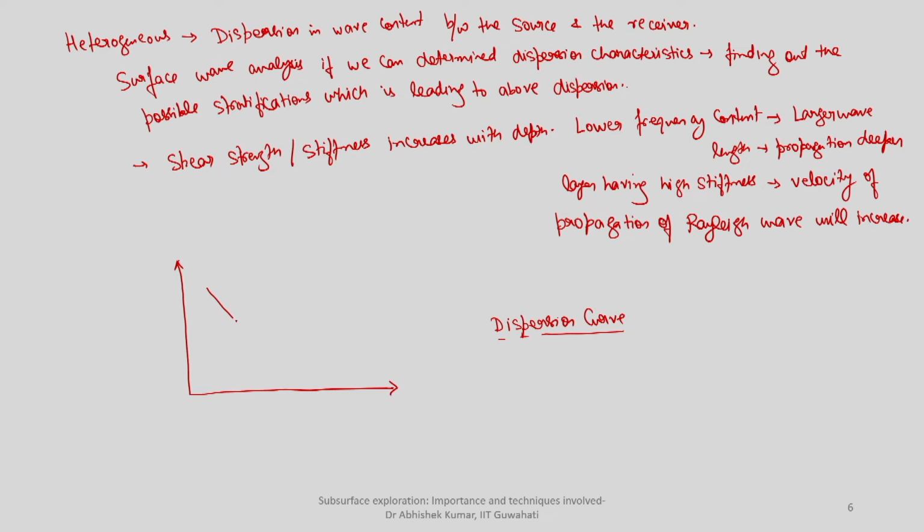You can get something like this. On this axis we will have the phase velocity, and on the x axis you will have your frequency content.